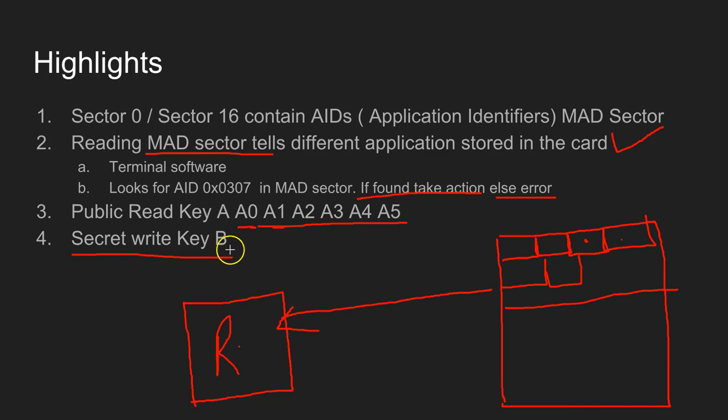It is known only to the reader or the system. Key B is used to modify the MAD sectors or modify any other sectors. The documentation does not specify any specific value for key B. The value of key B is known only to the card issuer.